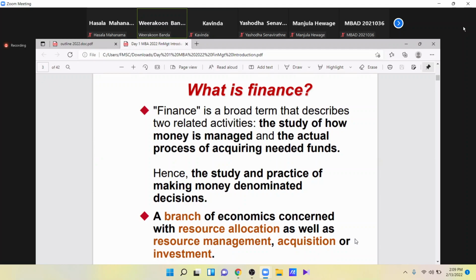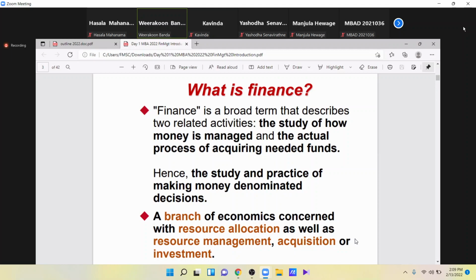So here it indicates the two basic requirements in finance-related aspects. One is that you are concerned with how money is managed. If you have an income level, a monthly income, then you are concerned about how you are going to manage your monthly income for consumption, for investments, for future requirements. You can think of how you are going to manage your money, your income. Then the second point is the actual process of acquiring needed funds.